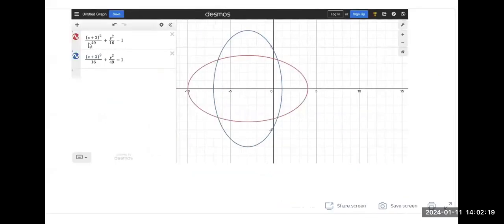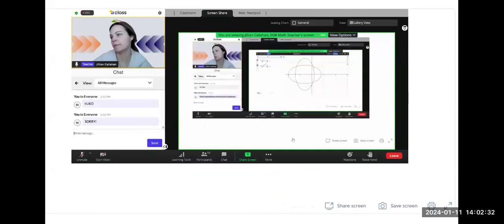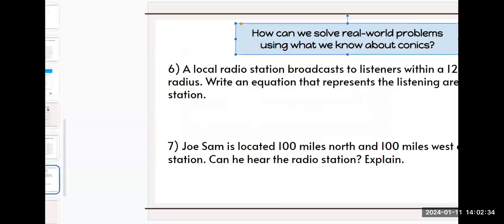Okay, so the red one, the blue one. Yeah, that's it. Maybe there was a little mix up there. That's okay. No worries.